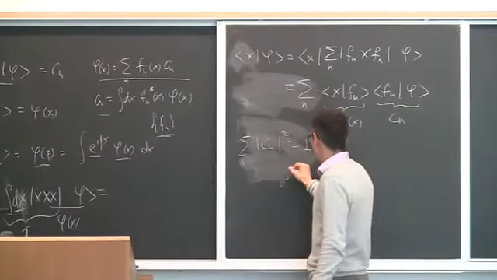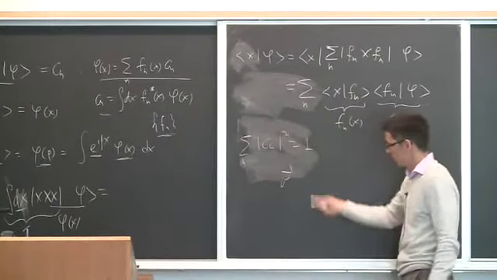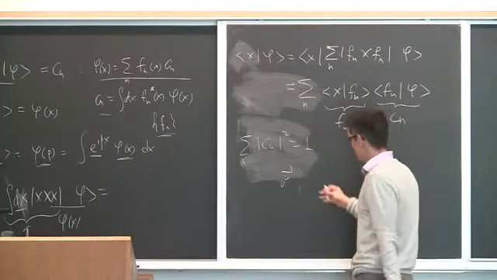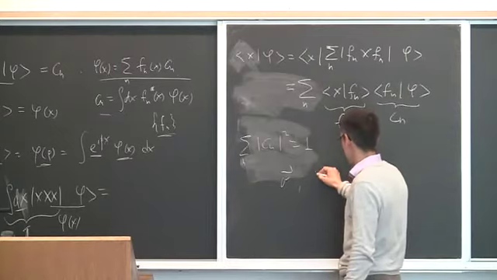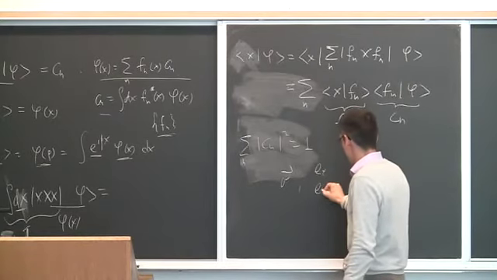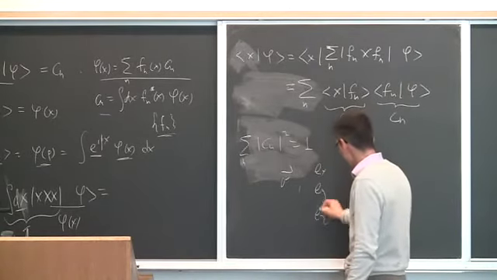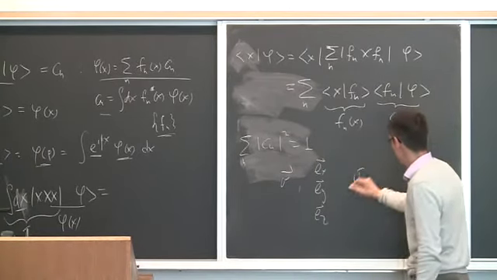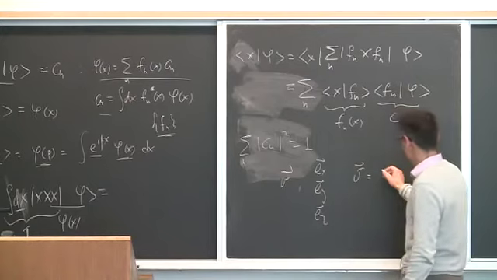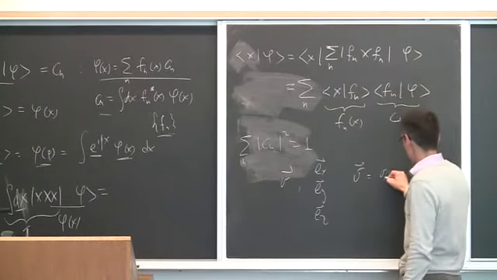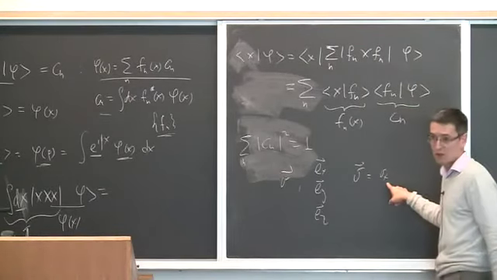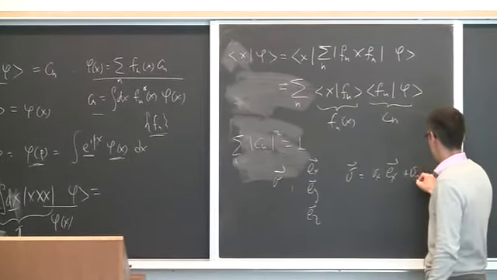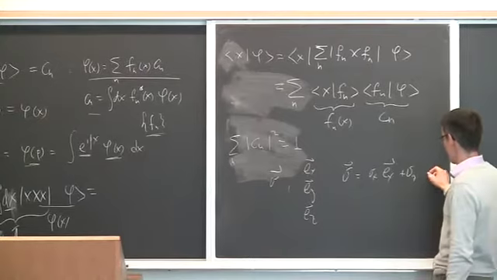Let's complete the analogy. Say you have a 3D vector v, and you also have basis vectors ex, ey, ez. Then the vector is the vx component, which is a number, multiplied by the ex vector, plus the vy component, which is again a number, and so on.